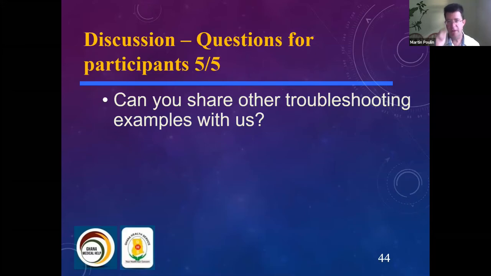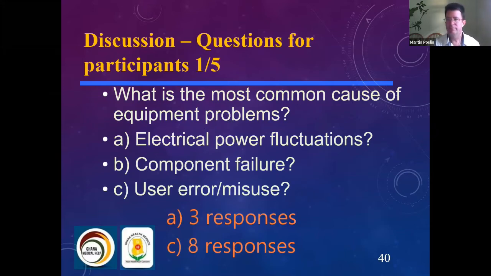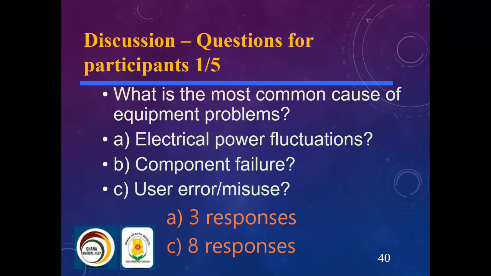So let's just go back to question 1, and if you can each type into the chat window so that we can see what your answers are, then perhaps we can try to collate. Now we're very interested to see how you perceive this issue in Ghana, because we have opinions about it in Canada.